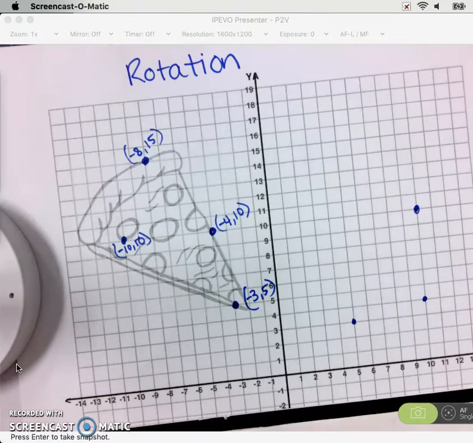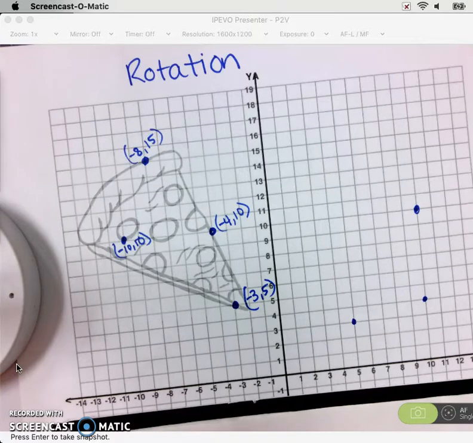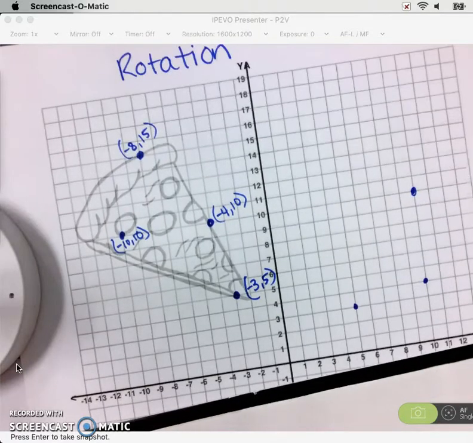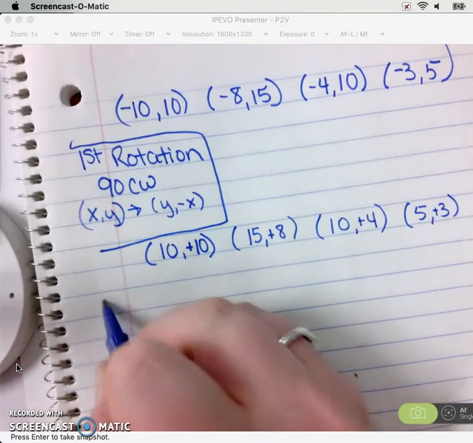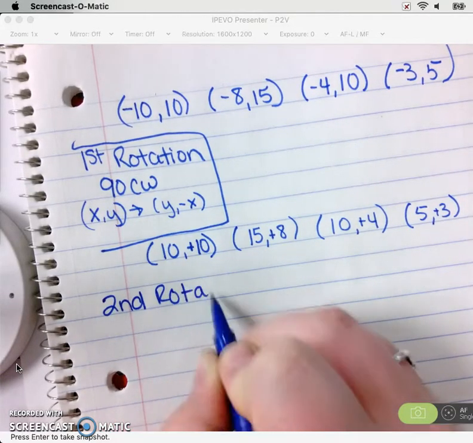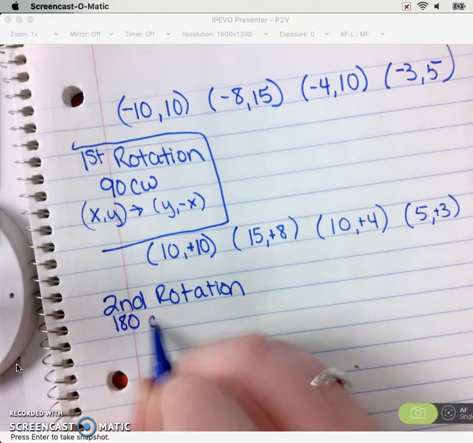Okay, the next one, you're going to rotate. It says for the second rotation to rotate your picture 180 degrees counterclockwise. Now, when you're doing 180 degrees, it doesn't matter if it's counterclockwise or clockwise. So your second rotation, I'm going to write down second rotation, and it has to be 180 degrees counterclockwise.